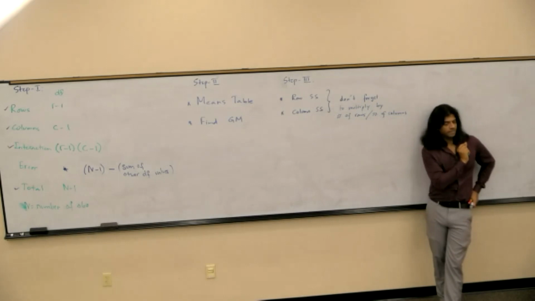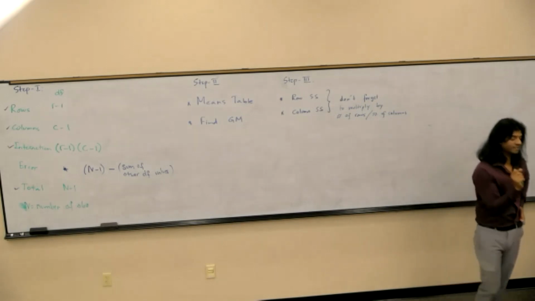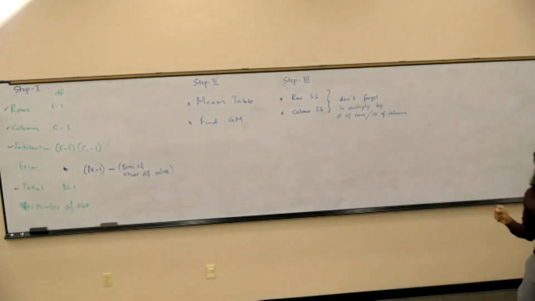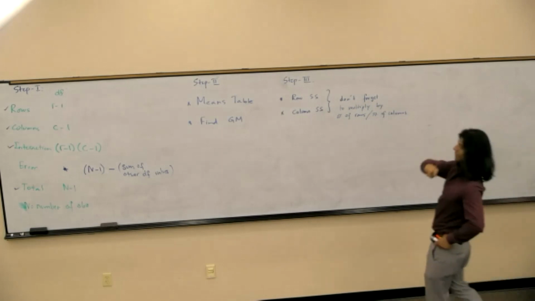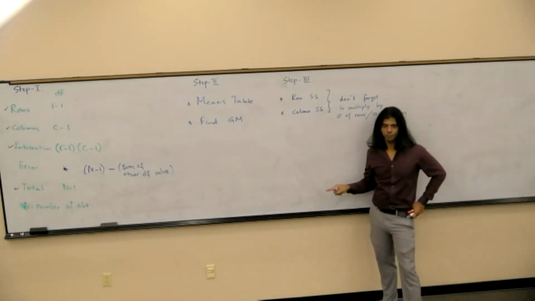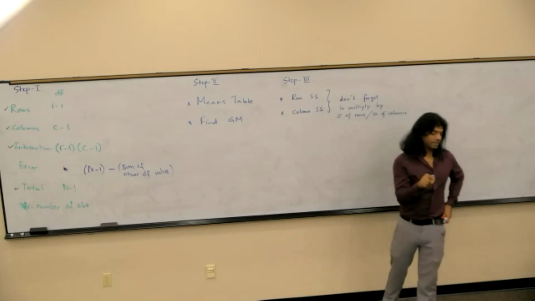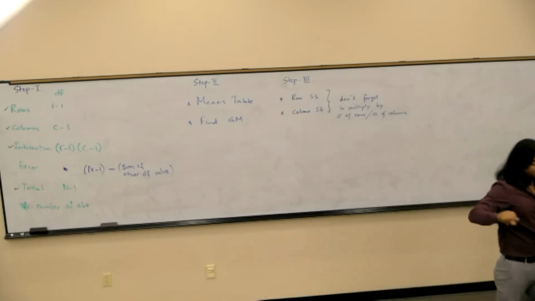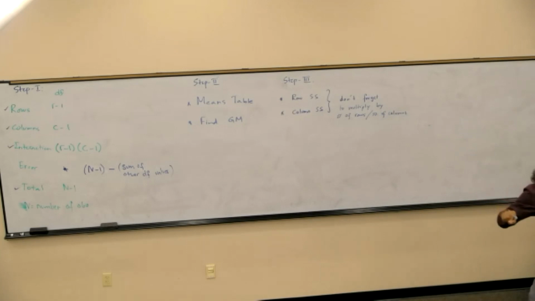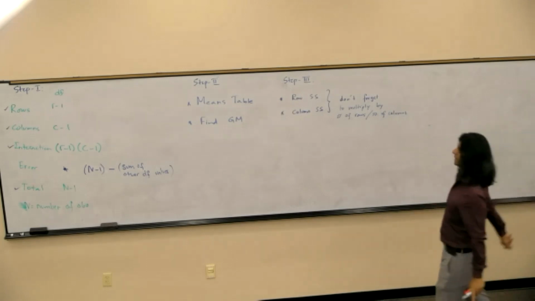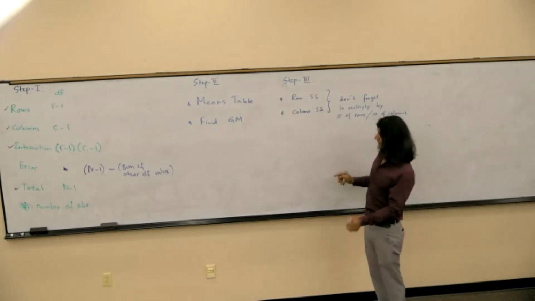Remember, earlier it was 66 point something. I multiplied by the number of observations per row. When you do that, you get 264. Same with the other case. If I didn't multiply, I got 351.25. Once I multiplied, I got 1404.